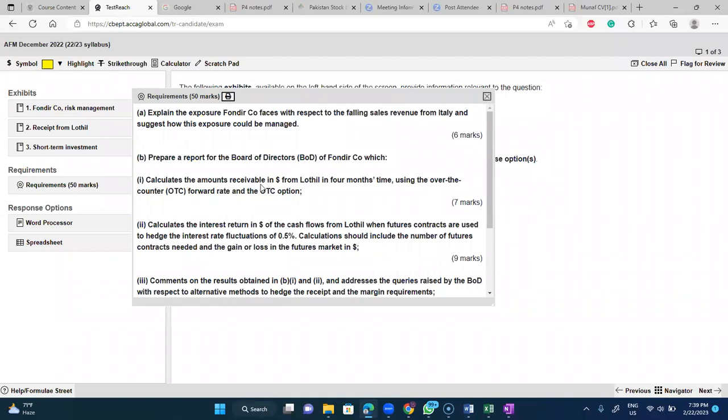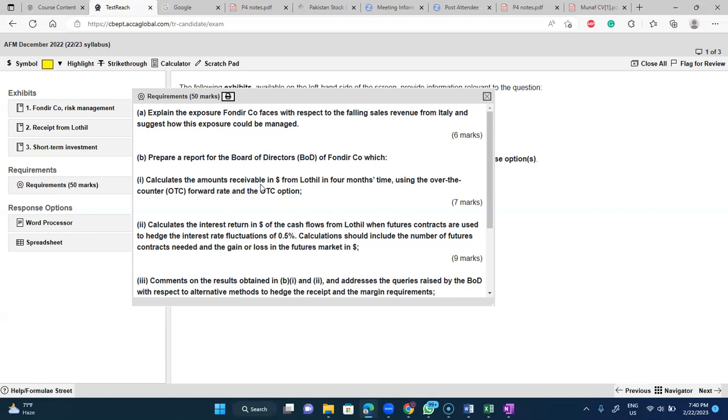The very first part is: explain the exposure Fondir company faces with respect to the falling sales revenue from Italy and suggest how this exposure can be managed. First of all, you will explain the scenario. The finance director has taken the example that the currency of Italy is weakening against the dollar.